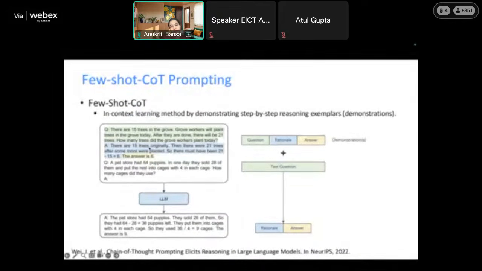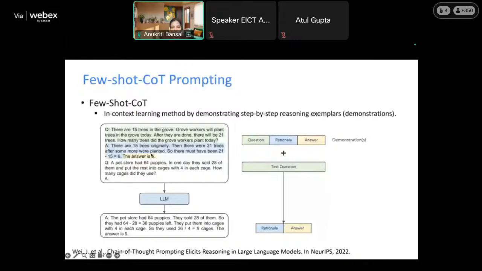In few-shot chain of thought prompting, you can write these steps. Okay, if I have to solve this particular math problem, this is how I can divide it into multiple steps, and now I can get the answer. This is how I've written all these steps and the answer I have obtained. So the rationale I have written, and the answer also I have written.